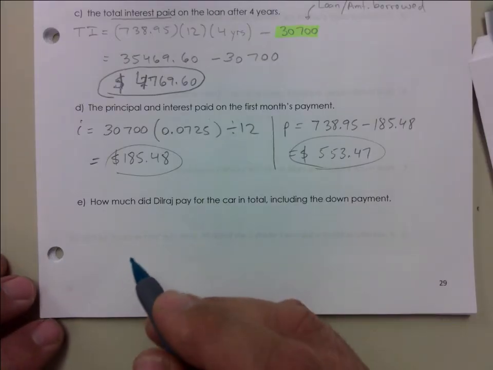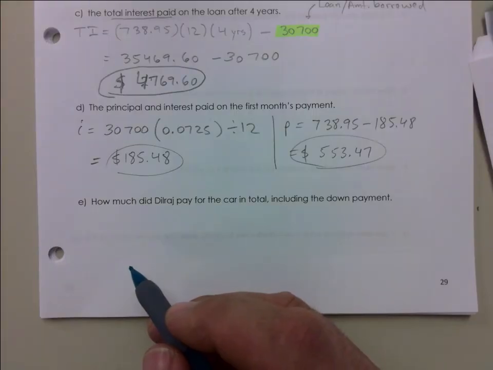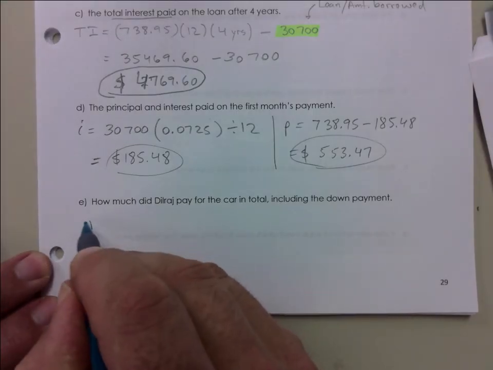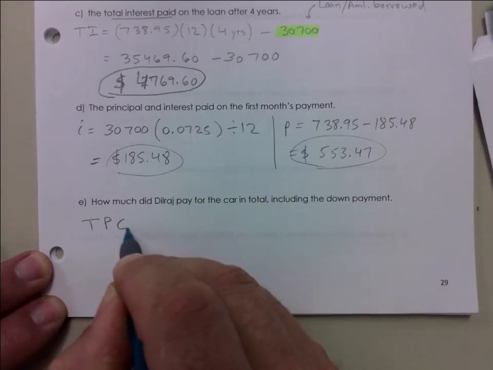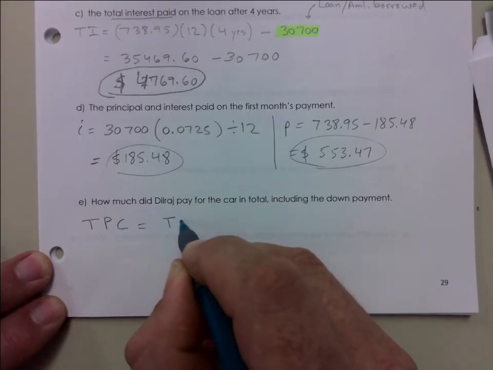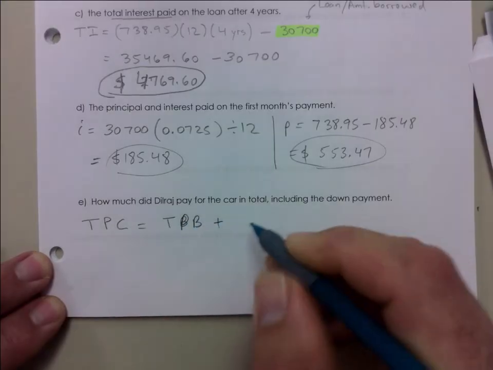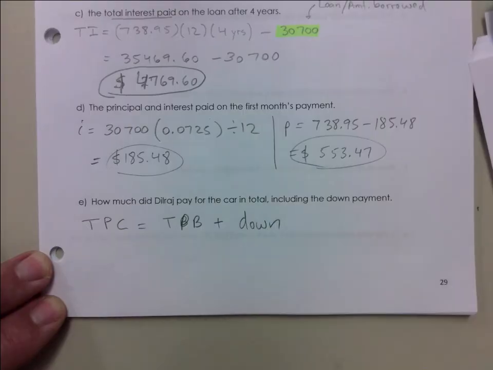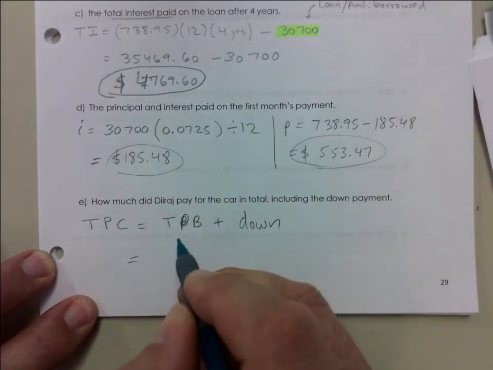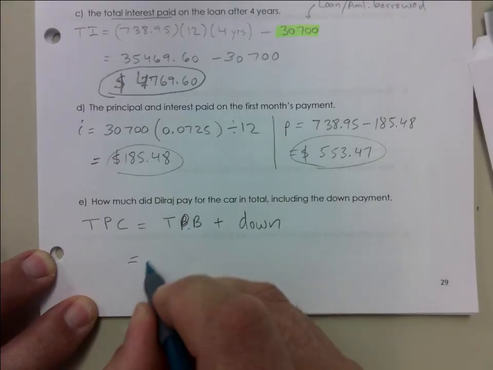The very last one, I do have one. It's one of the formulas I gave you. I call that total paid for the car is total paid to the bank plus the down payment. Total paid to the bank, we already know what that is.